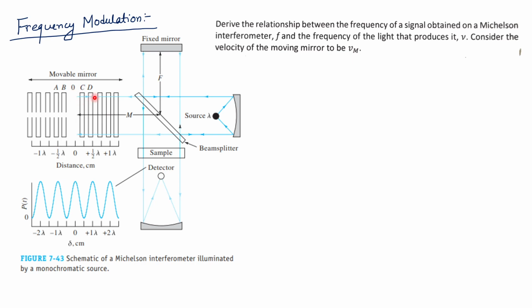This is a movable mirror which I can move. It is shown that the movable mirror can be moved by plus minus lambda by 2, where lambda is the wavelength. When both are fixed, and the movable mirror is positioned at 0, you are going to get a constructive interference.